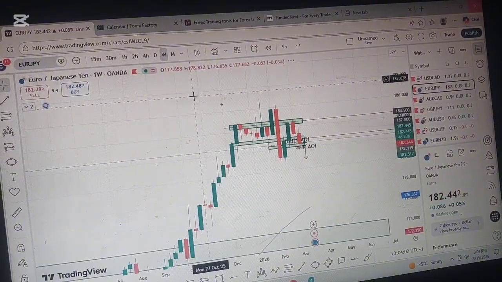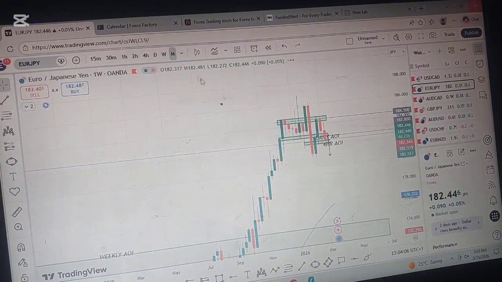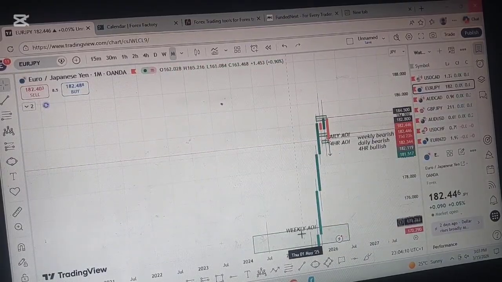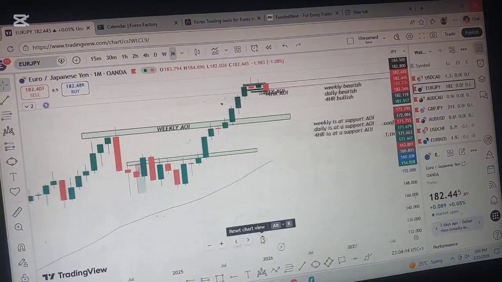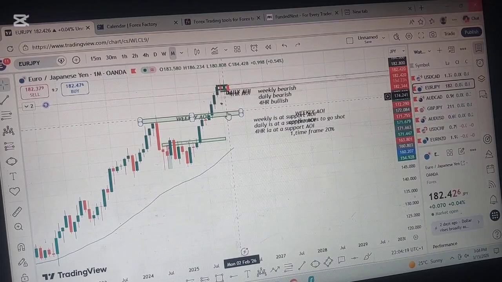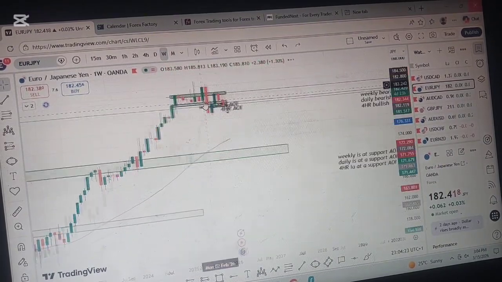We go down to the weekly time frame. For the monthly to have this retracement to this weekly area of interest, the weekly needs to go bearish. Are you getting me? For the monthly to have this pullback to this weekly area of interest, the weekly needs to go bearish.